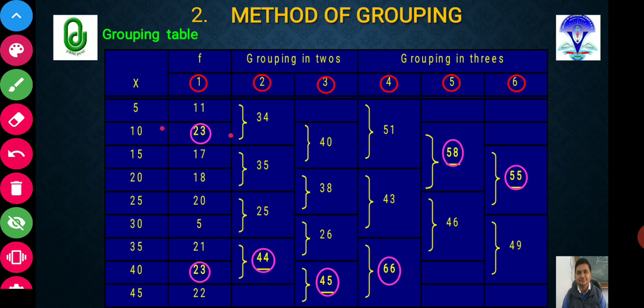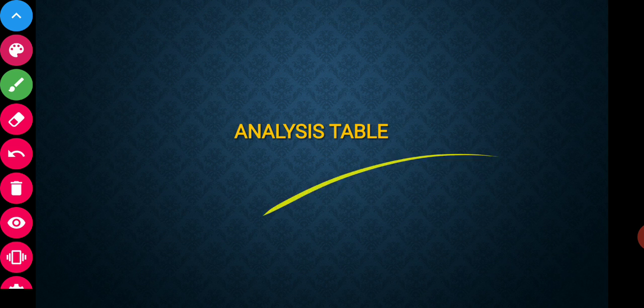Then in the second column no, third column no, fourth column no, fifth column it is there. So just remember, the first column and the fifth column, and then we will see it in the analysis table.